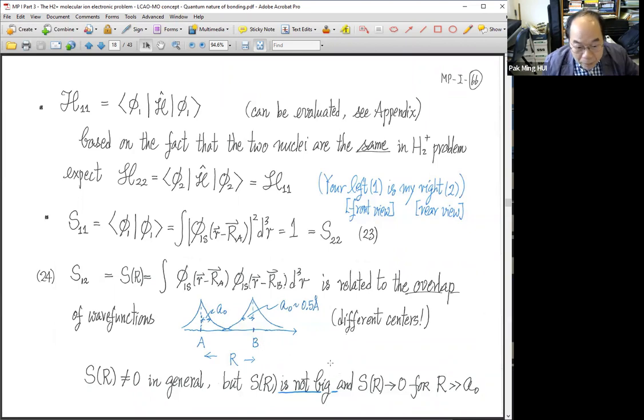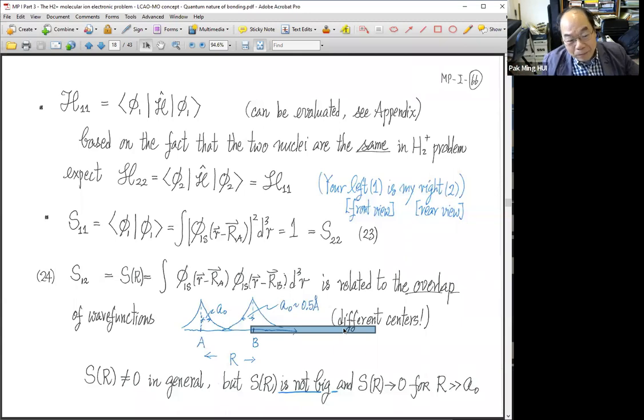Second point, if I put these two atoms far apart, if I take this R all the way out here, off by 5 angstrom, with half an angstrom exponential decay on both sides, nowhere throughout the region can both be non-zero.